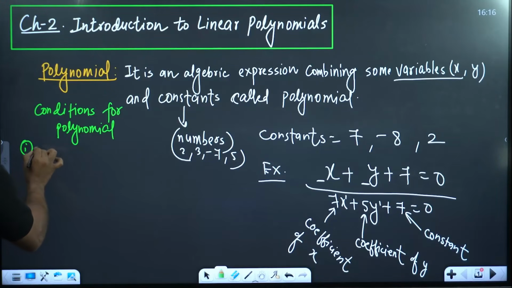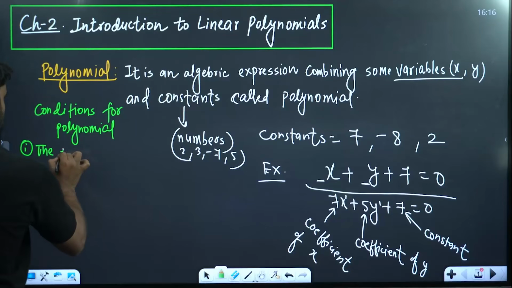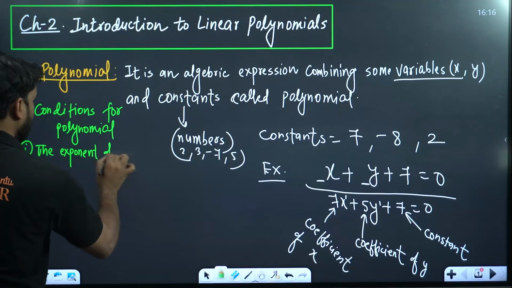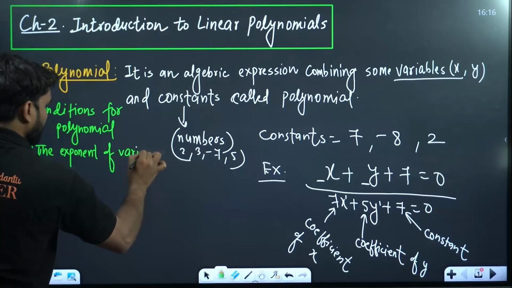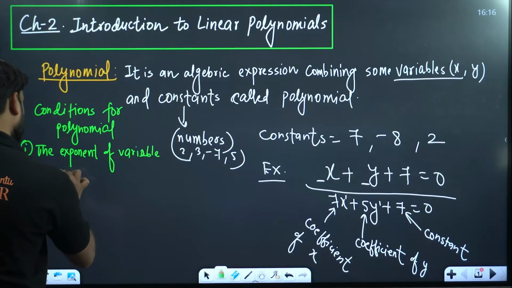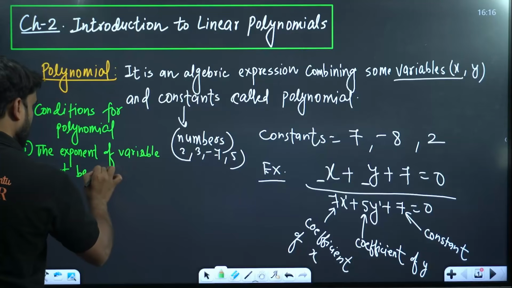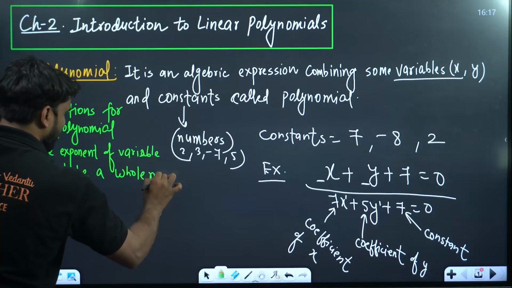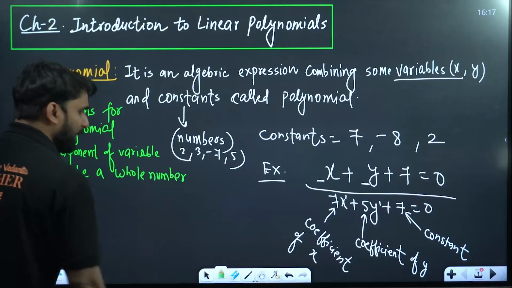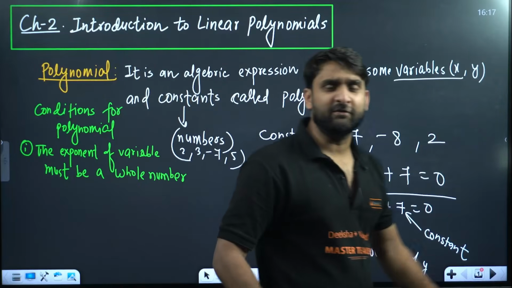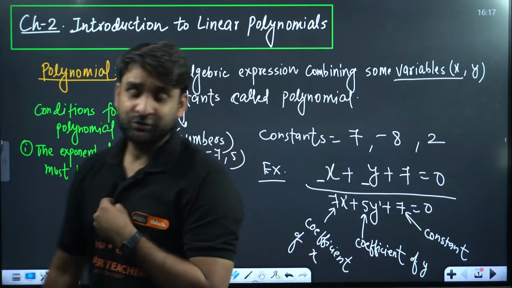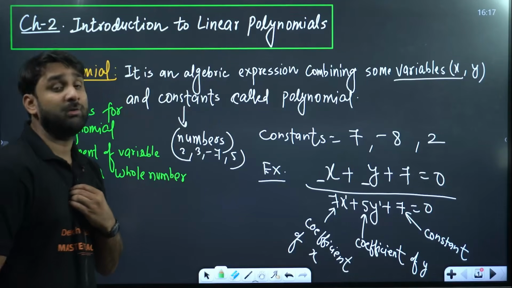First is the exponent of the variable must be a whole number. My dear champion, if the exponent of a variable in any polynomial is fractional, such an equation will not be a polynomial.